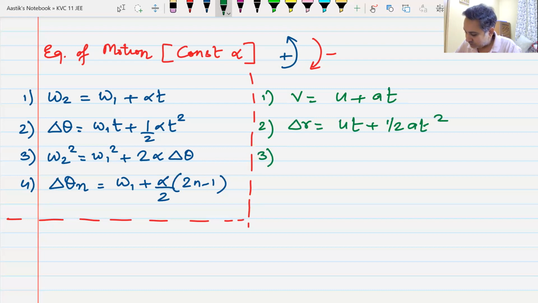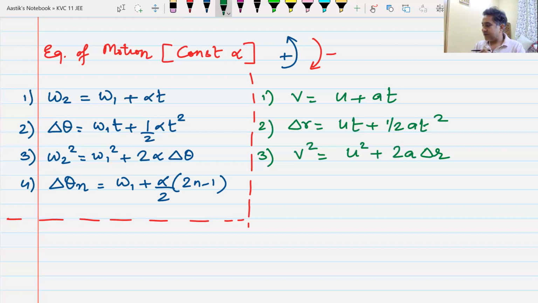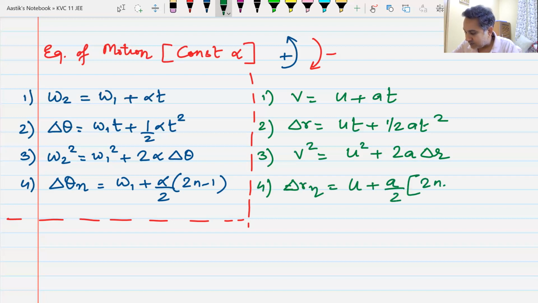Third equation, V square is equal to U square plus 2 times A into delta R. The fourth one is displacement in the nth second, which will be equal to U plus A by 2 into 2n minus 1. I'll give you 2 minutes to write these equations.